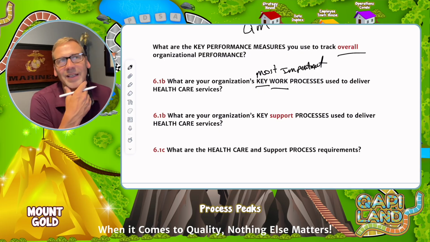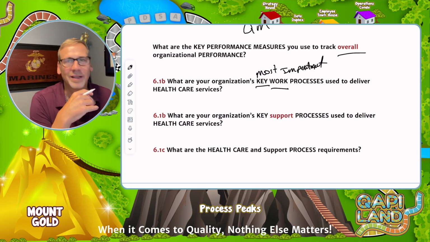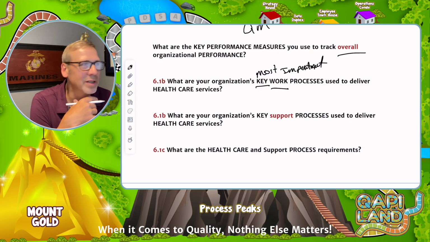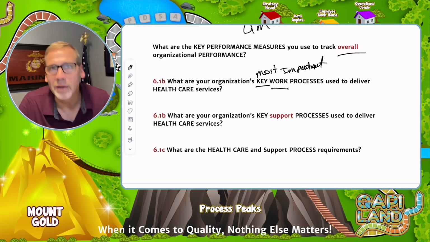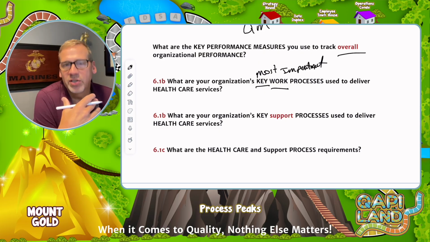Just think about it like this: a key work process is like admission process, care planning, implementation, clinical evaluation and monitoring, rehabilitation services, like activities, medical records keeping, even safety and infection control are considered generally key work processes.